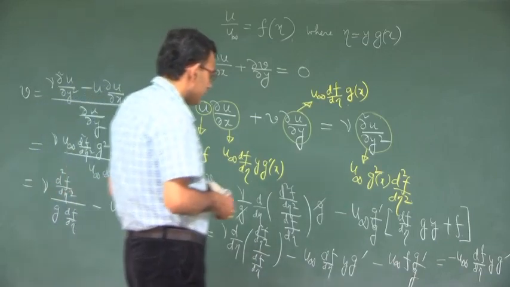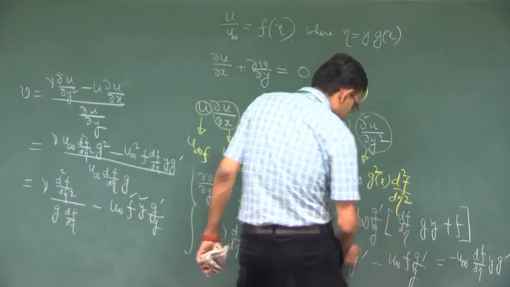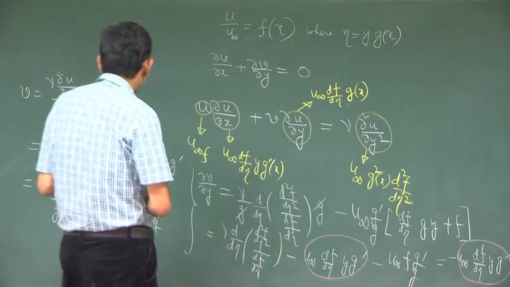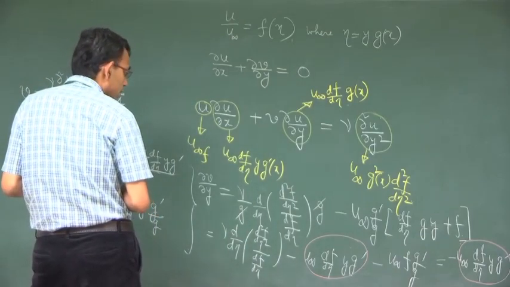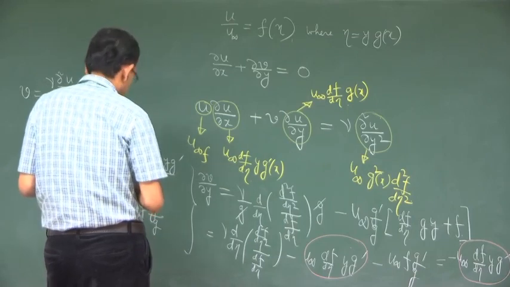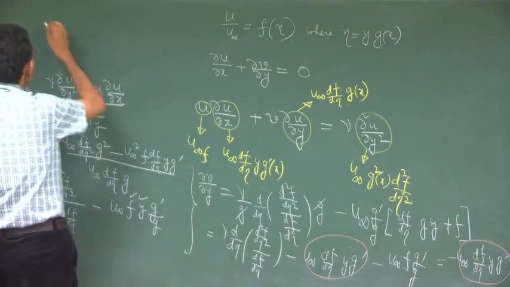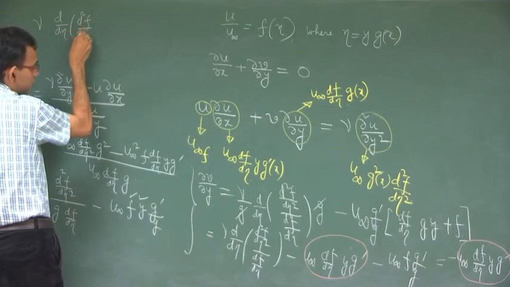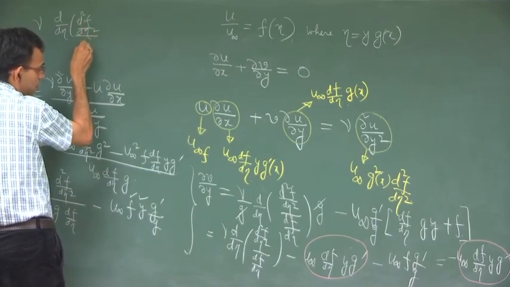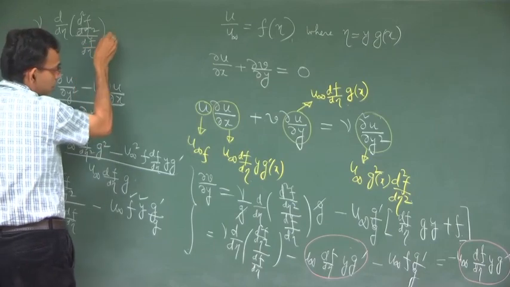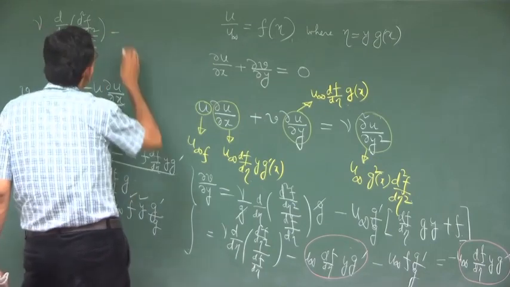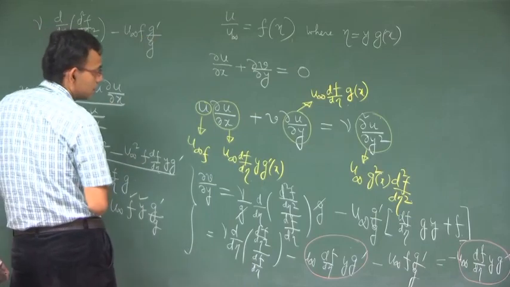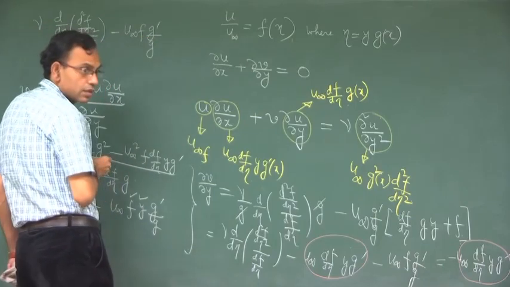So, then this term and this term gets cancelled, and then you are left with nu d d eta of minus u infinity f g dash by g is equal to 0.